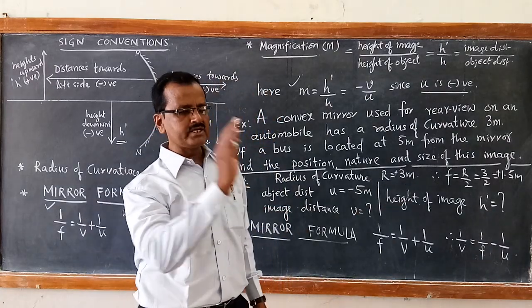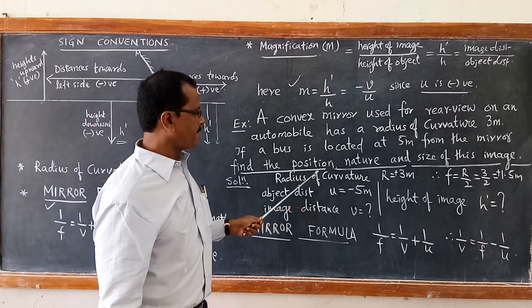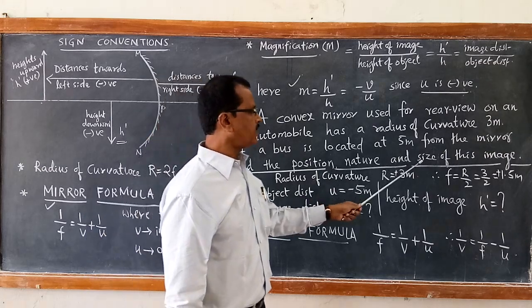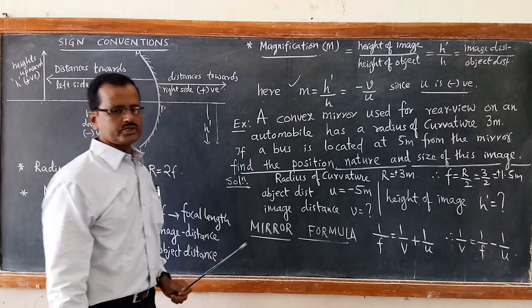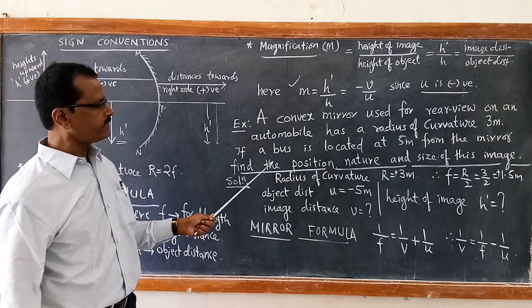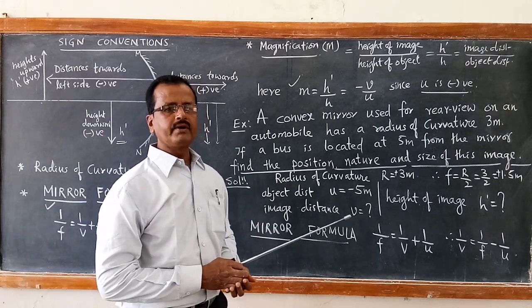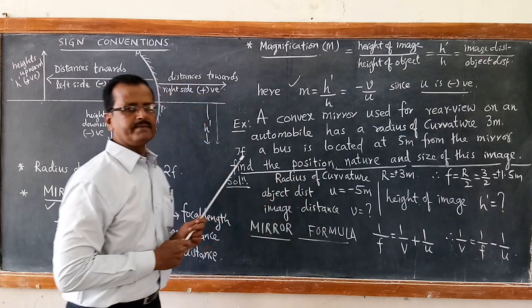If you are finding the image of that rear view bus, what is the position of the image, what is the nature of the image, and what is the size of the image? This is the question. Look at the given data. Radius of curvature of the given convex mirror is 3 meters.